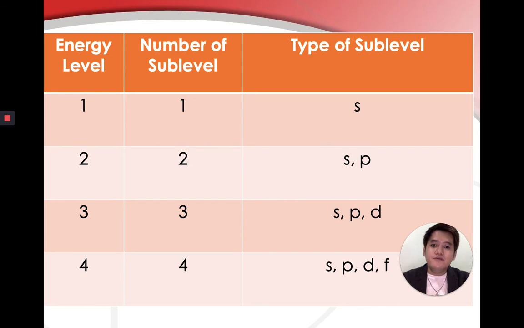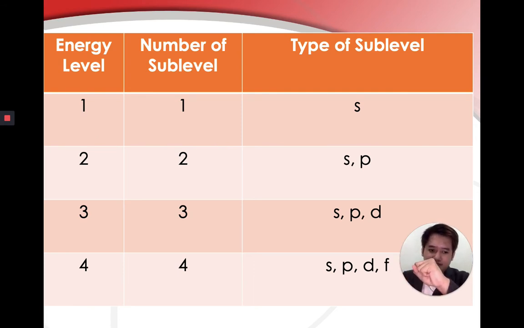Okay? So, if you tabulate that information, we can have the energy level and the sublevels, and then the type of sublevel, so the number of sublevels. So notice that the number of sublevels is the same as the energy level to which it belongs. For example, in energy level number 1, remember the planetary drawing?